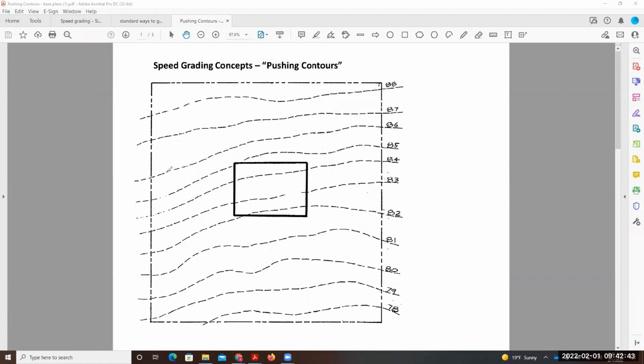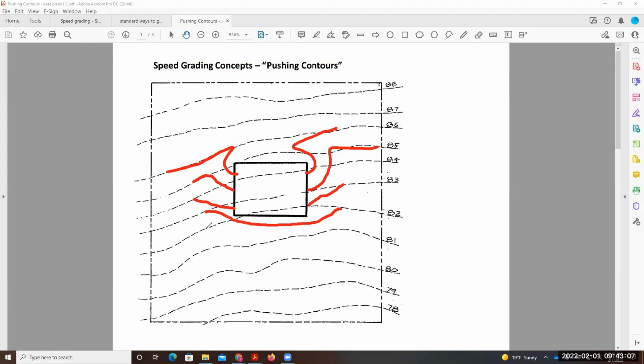The other thing is that you notice I went around the building, but of course, in this case, you can just come and hit the building. And now that we're allowed to just touch the building slightly, this thing gets a bit easier. And it's a lot less impact on the site.